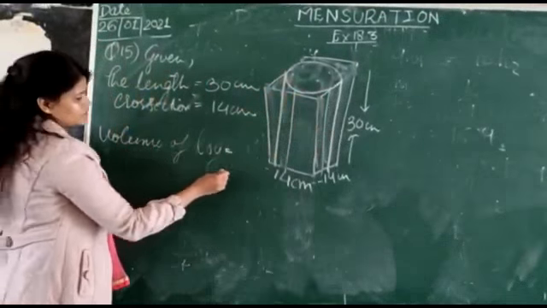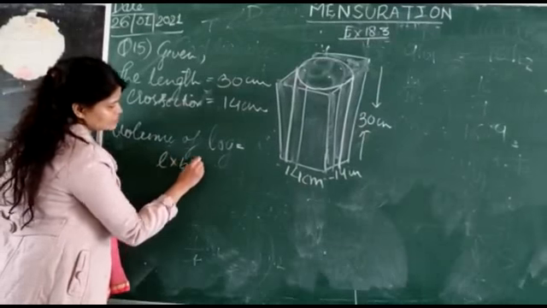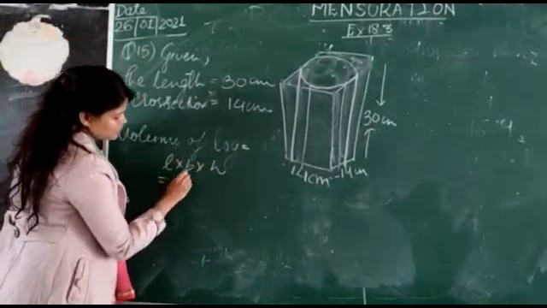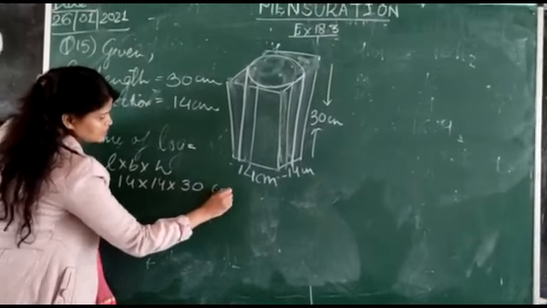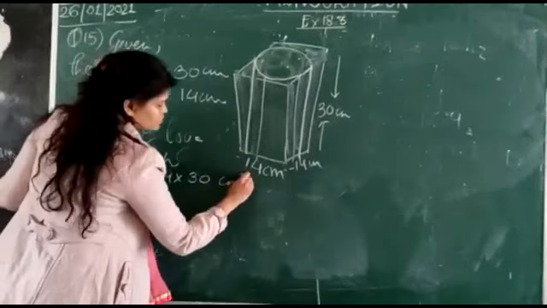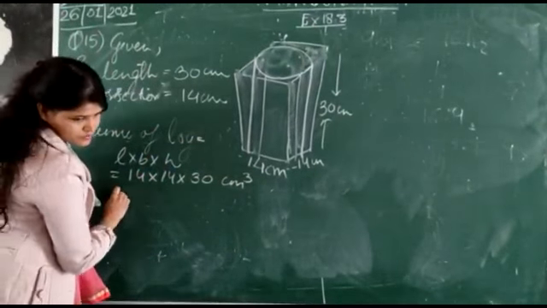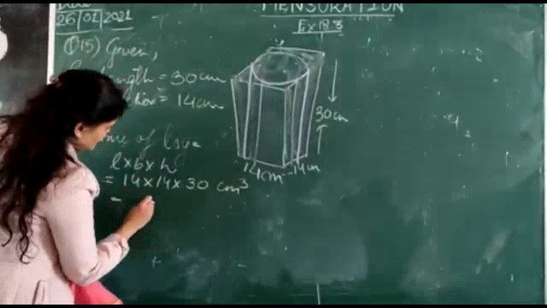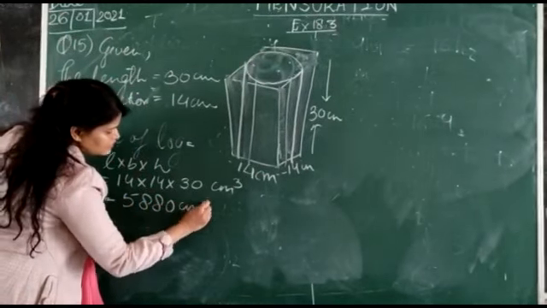Okay, volume of the log is equals to, it is cuboid in shape, so it is length into breadth into height. So it is 14 cm into 14 cm into 30 cm. Centimeter into centimeter is equals to centimeter cube. The volume will be, here the volume will be 5880 centimeter cube.